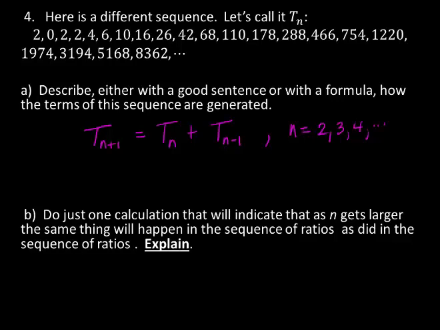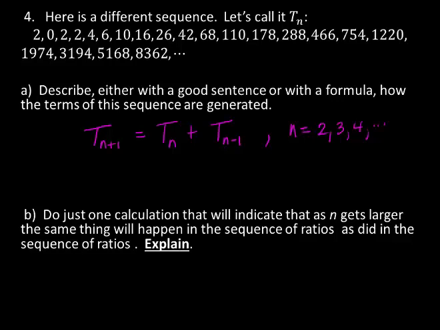Part B. Do just one calculation that will indicate that as n gets larger, the same thing will happen in the sequence of ratios as it did in the sequence of ratios of Fibonacci numbers. I should have had "of Fibonacci numbers" there.